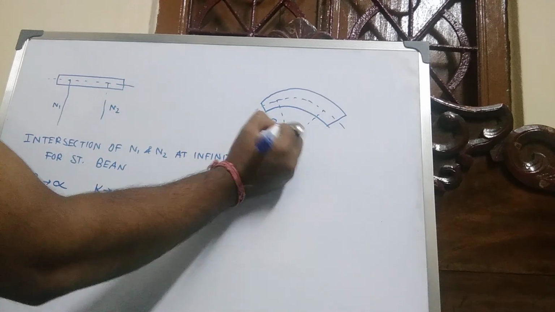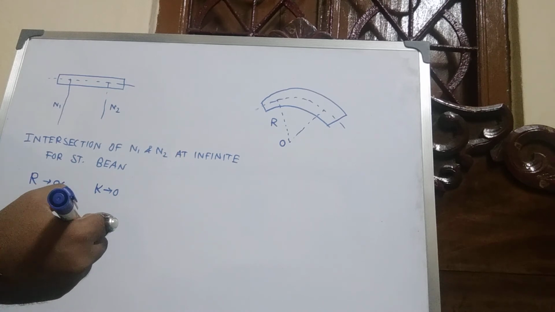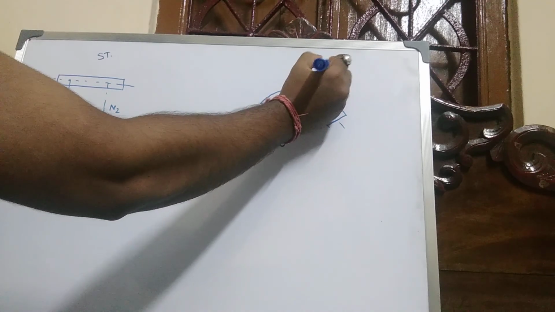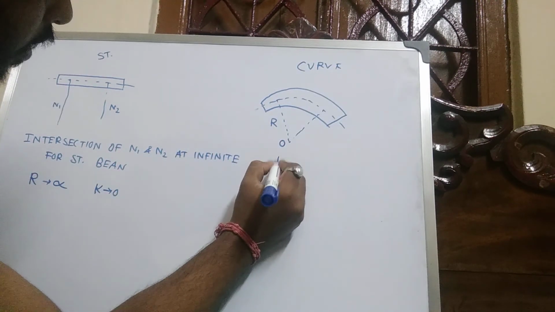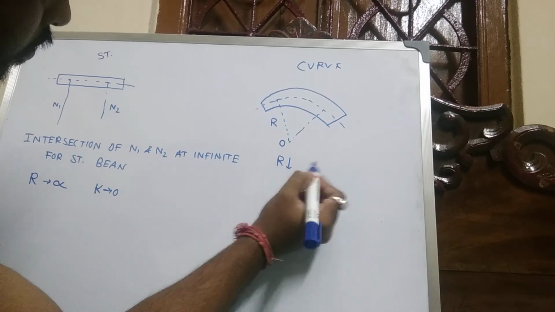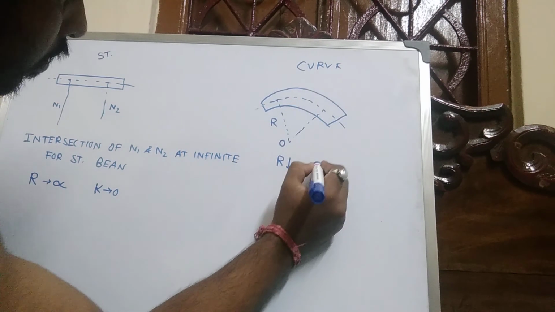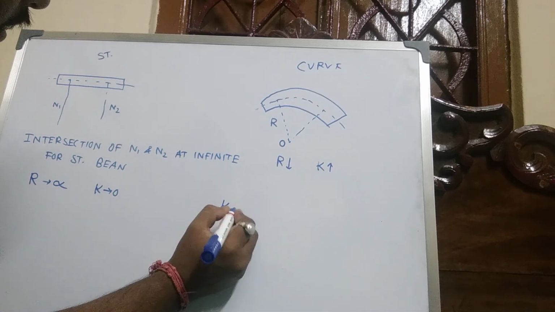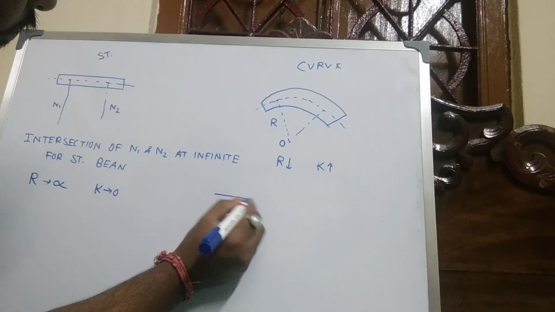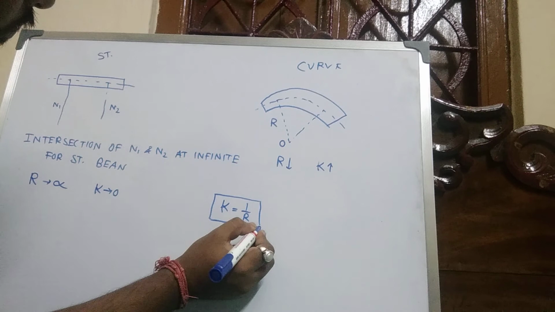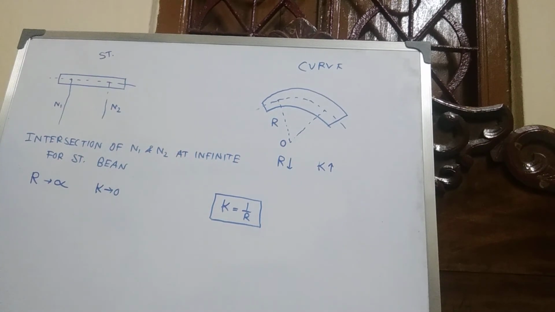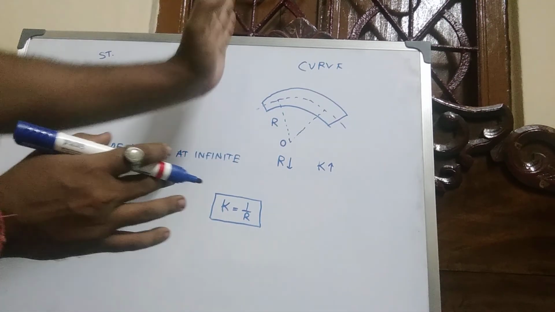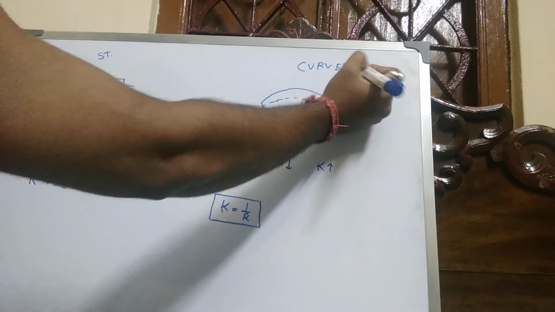For the curved beam, as the radius of curvature decreases, the curvature increases. So there is a relation: curvature equals 1 by R. This is the difference between a straight beam and a curved beam.